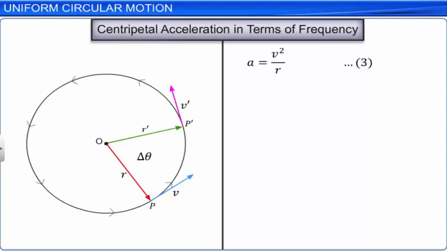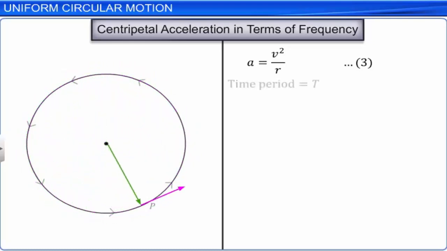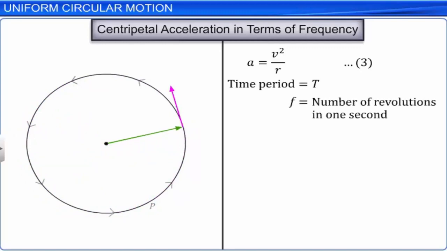Therefore, f is equal to 1 by T. Distance moved by the body in one revolution is equal to 2 pi r. v is equal to 2 pi r by T. On substitution, we get v is equal to 2 pi r f.